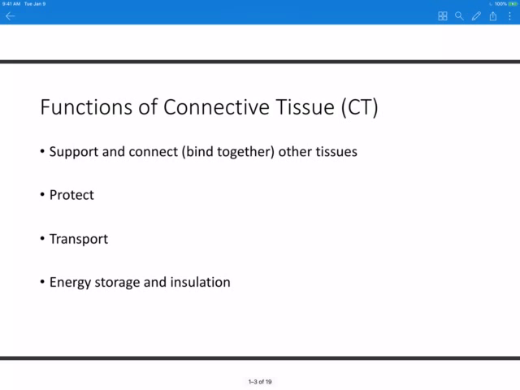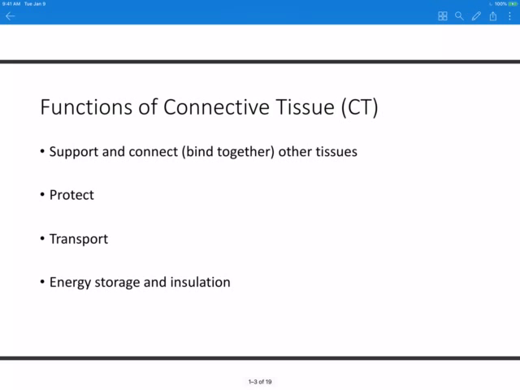They surround the muscles. So that supports and connects the muscles together. There are also muscle tendons, and the muscle tendons connect the skeletal muscles to the bones, and then of course the bones of the skeletons. That's another example of a connective tissue that supports and connects one tissue to another.